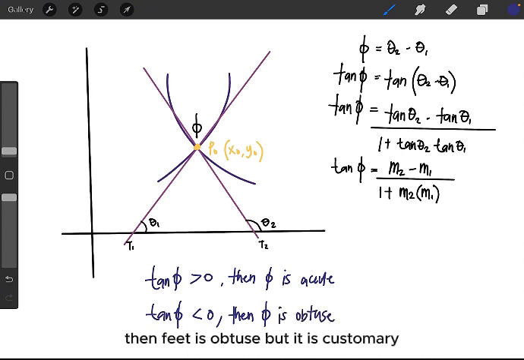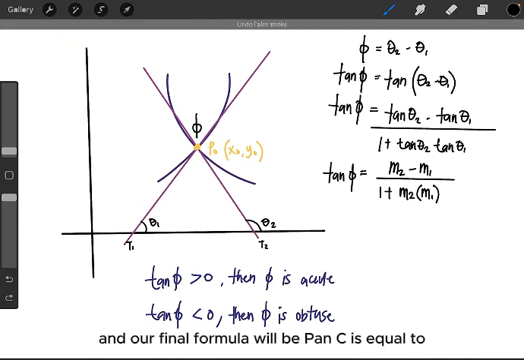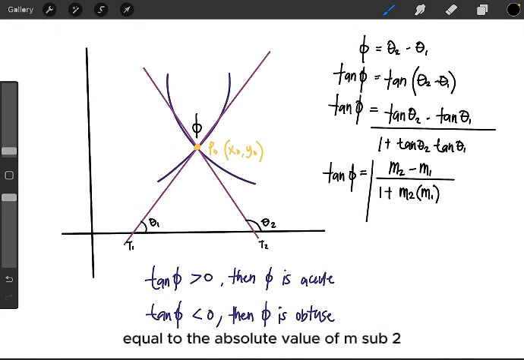But it is customary to find only the acute angle of intersection between the curves. Therefore, we may use the absolute value symbol. And our final formula would be tan phi is equal to the absolute value of m sub 2 minus m sub 1 over the quantity of 1 plus m sub 2 times m sub 1.